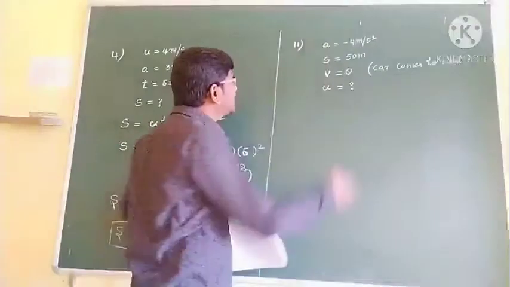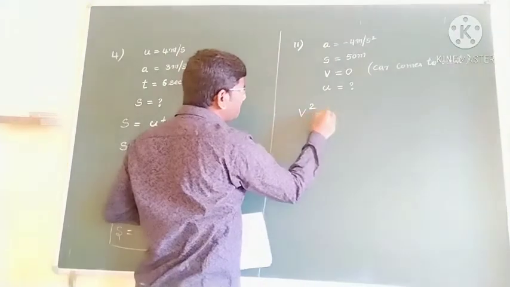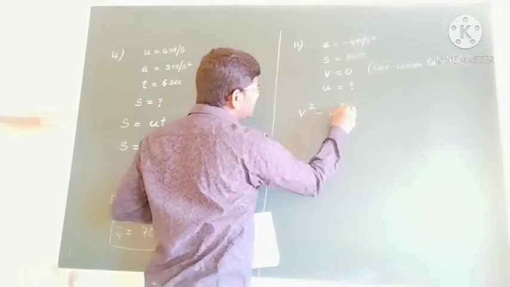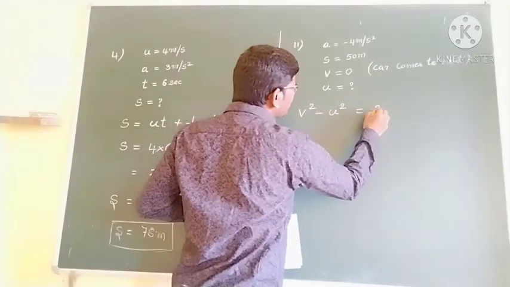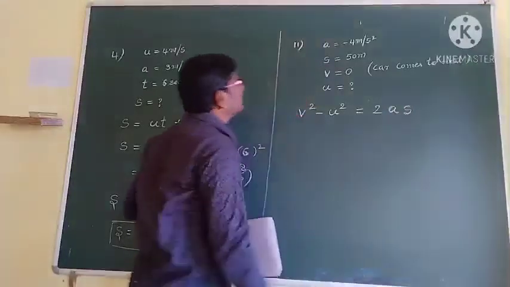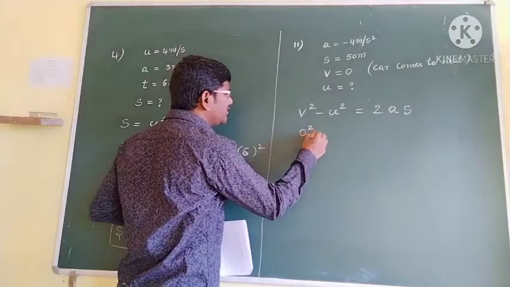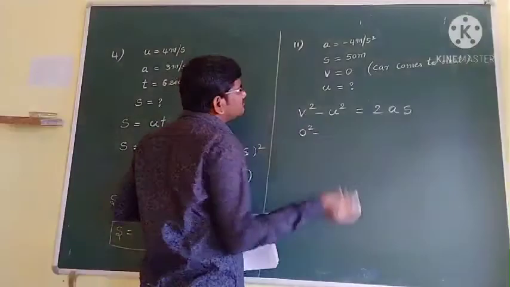Okay students, with this what is the equation we have? v squared minus u squared is equal to 2as. So v squared means what will you write? 0 squared, and u squared we have to find.